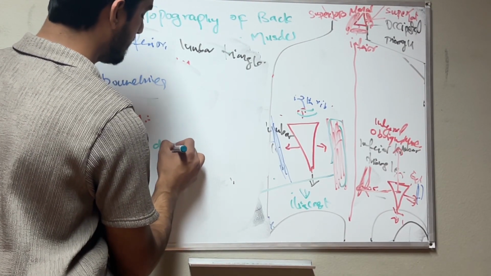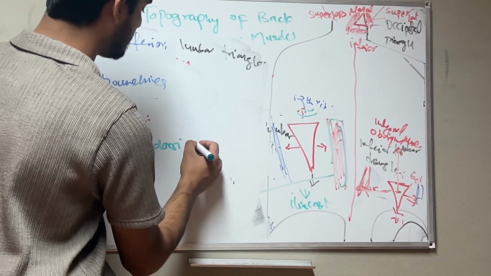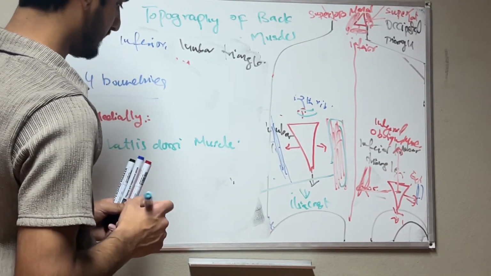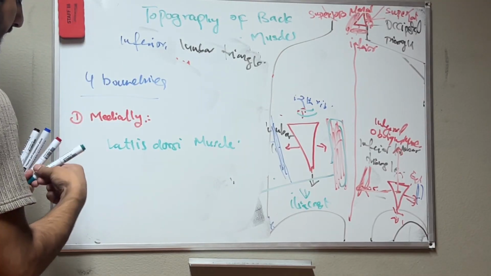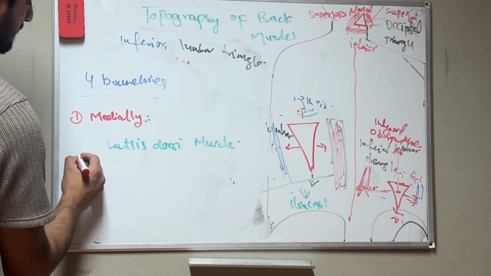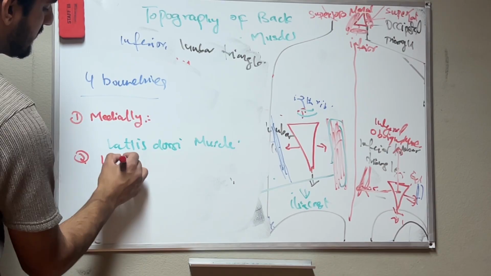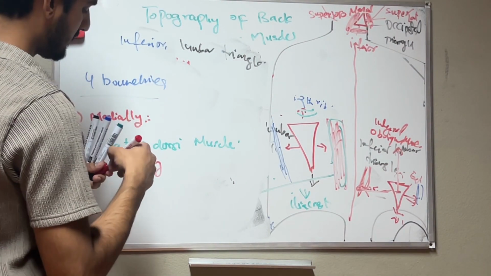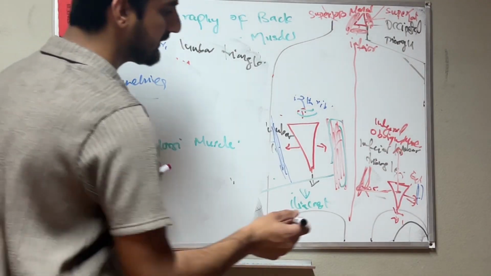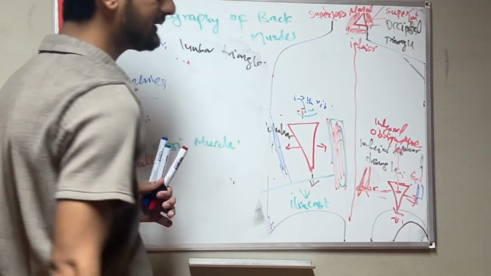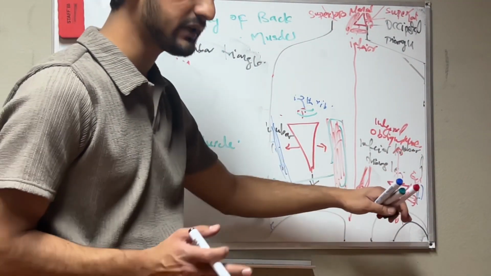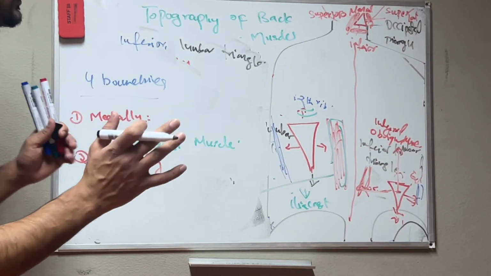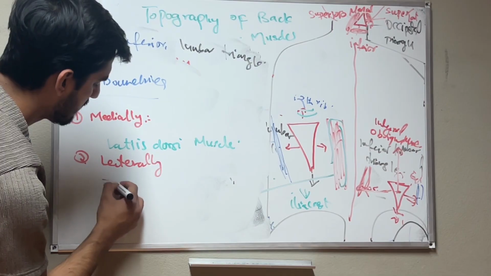The first layer is the trapezius muscle, and the latissimus dorsi muscle is in the superficial group. The second boundary is the lateral boundary. Laterally we have the external oblique muscle, because this is superficial and this is deep.